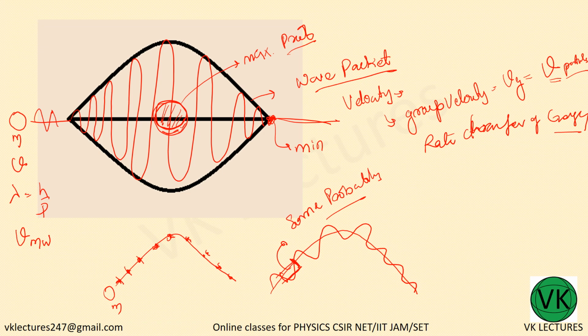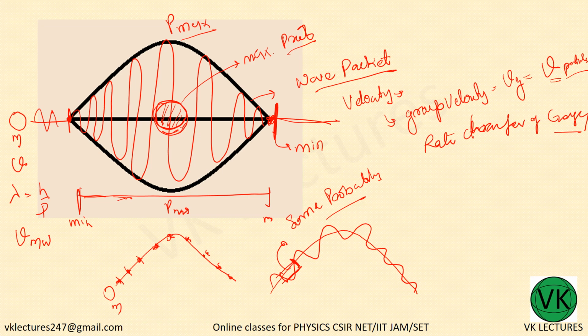Now once again, through this figure, the probability of finding the particle at this particular point where constructive interference takes place is maximum, and minimum at the ends, that means where destructive interference takes place. Throughout this wave packet, the probability will be distributed with maximum here and minimum at the ends.